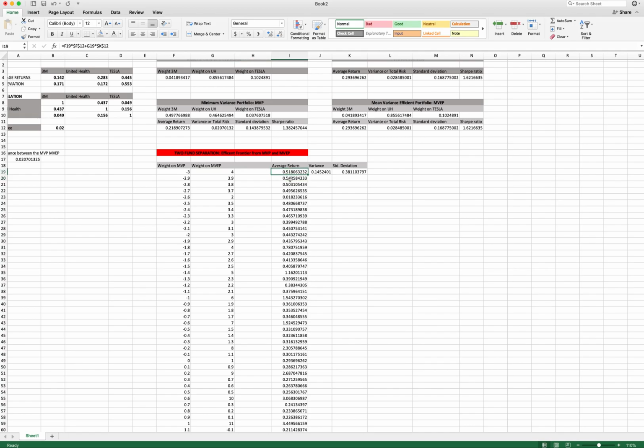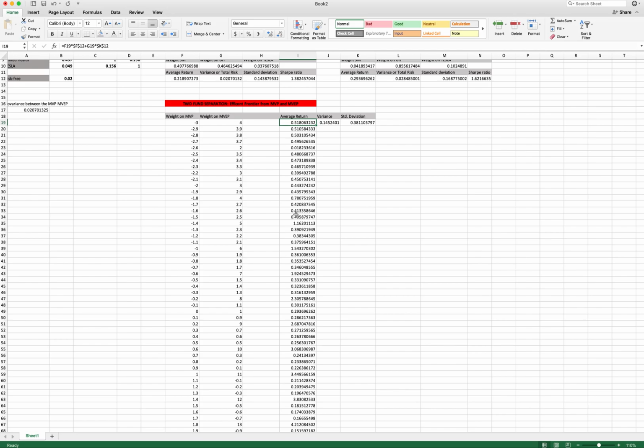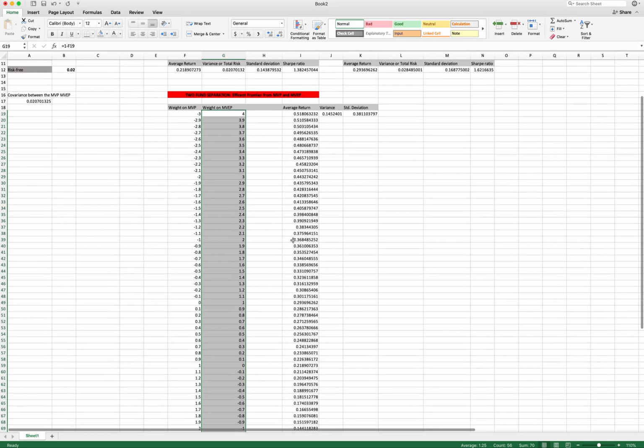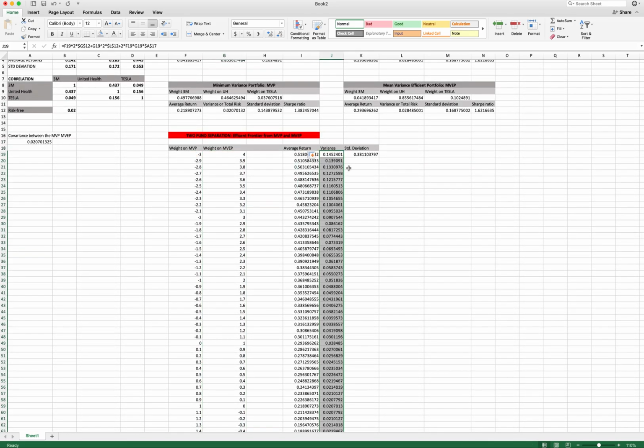Right, so you see my average return depends strongly on the allocation. Okay, so something is obviously wrong here. Just fix this. Alright, this looks better. I can do the same for my variance and standard deviation.